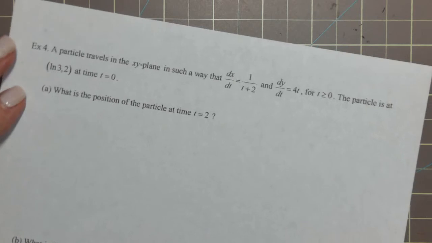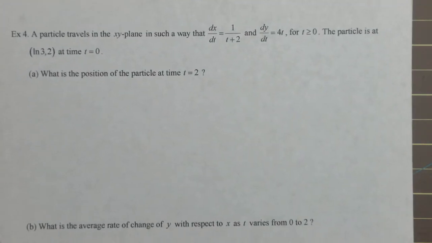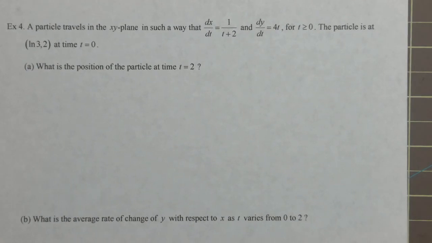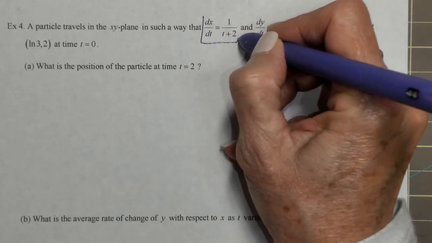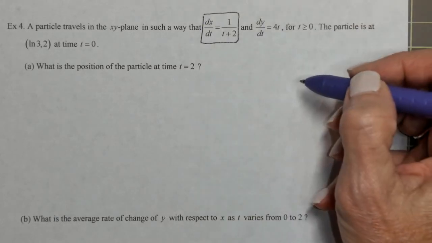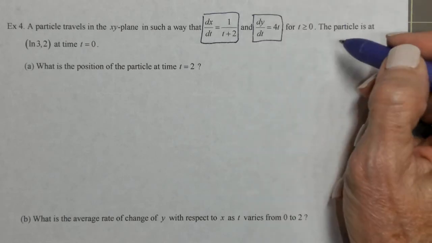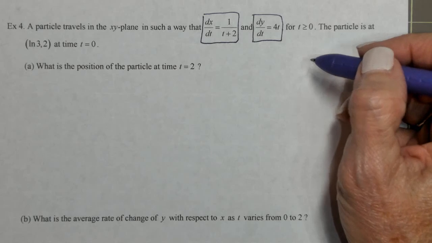Okay, next up, our last example. Example 4 has 3 parts to it. Be like an FRQ. Okay, a particle is traveling in such a way so that dx dt is 1 over t plus 2. dy dt is 4t. So they didn't give us x and y, they gave us dx dt and dy dt.